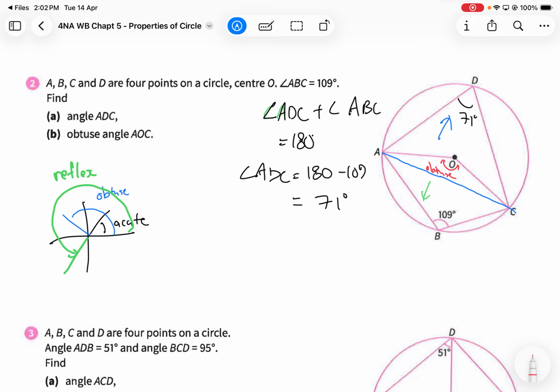It is between 90 to 180. But if it's on the other side, this one, the bigger one, this is called the reflex. So when they tell you AOC and they say obtuse, they are specifically telling you to find this one. Between 90 and 180. Okay? Can?